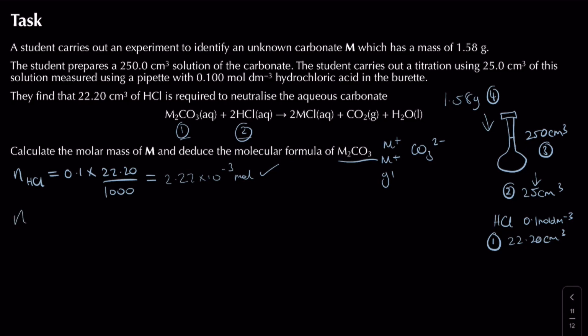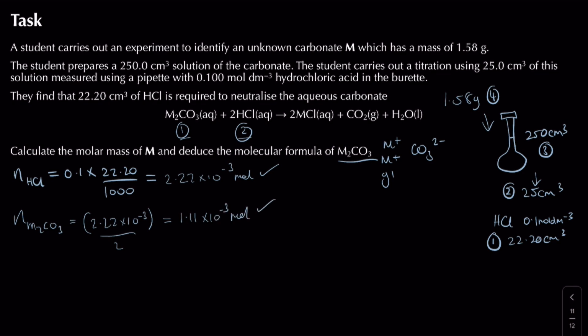So to find the moles of M2CO3, I'm going to divide that number by 2. So I end up with 2.22 times 10 to the power of minus 3 divided by 2, and that gives me 1.11 times 10 to the power of minus 3 moles.